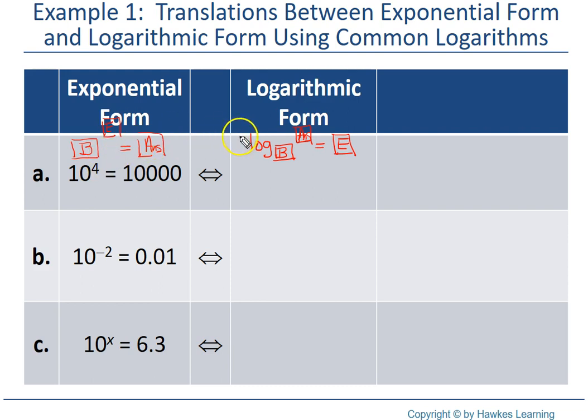So following this, let's just do some conversion. So we know this is our base 10, so we can put log. We could put the 10 there or not, but this is common log, so we don't need to put it there. Our answer is going to be 10,000, and our exponent then is 4.